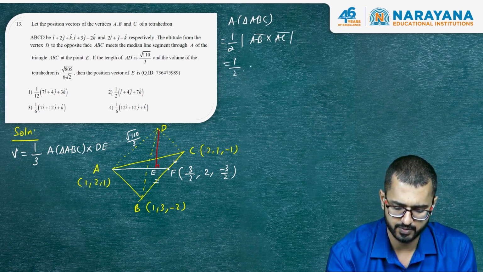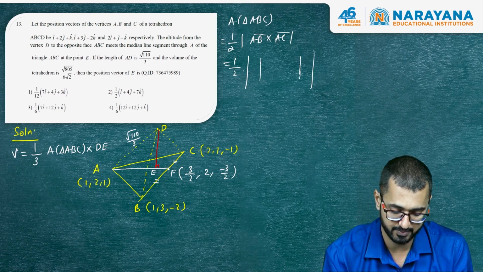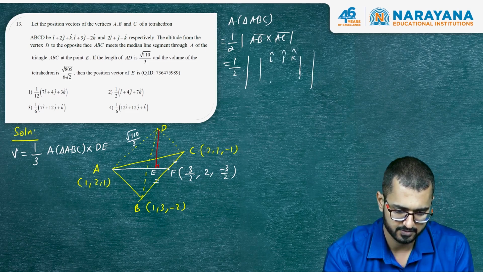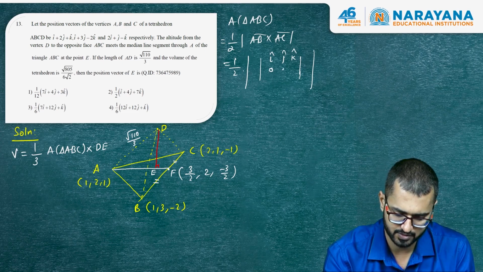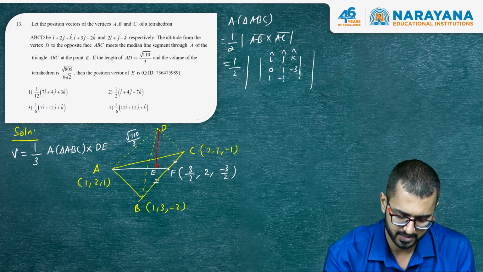So that turns out to be, let's write down the vector first. AB cross AC, AB means B minus A. So first I, J, K, and this will be 0, then 3 minus 2, 1, and then -3, and similarly AC: 1, -1 and -2.